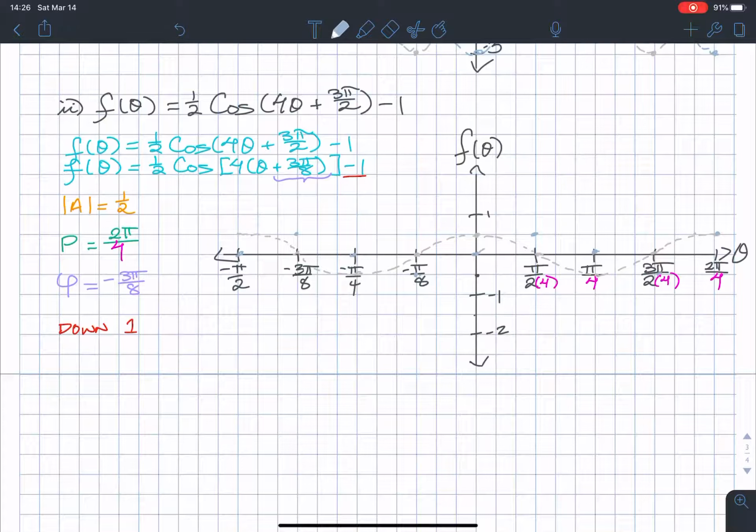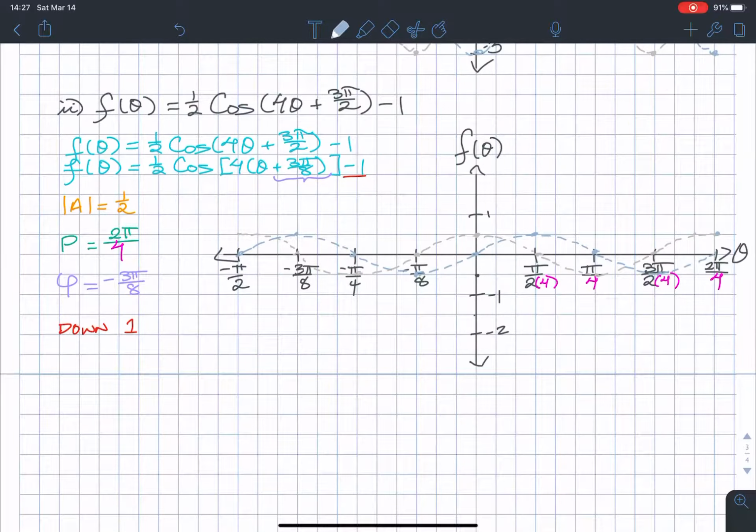So what happens is we get this next graph. So notice going to the left 3 quadrants looks like it's equivalent to moving right 1 quadrant, right?